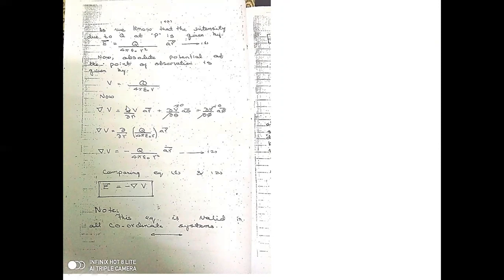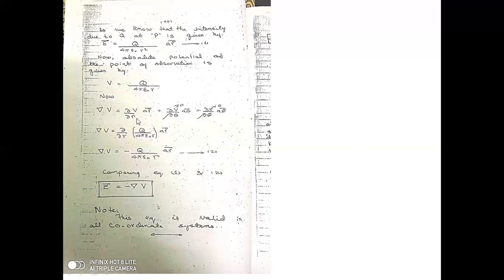Now taking the gradient of this V in the spherical coordinate system, as we know, it is partial V over partial r along a r, plus partial V over partial theta along a theta, plus partial V over partial phi along a phi. As we can see, E is along a r, so the a theta and a phi terms will always be zero when taking the gradient of V, because it is always directed along the radius.